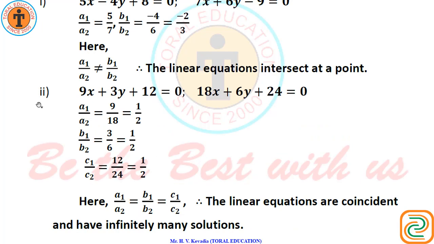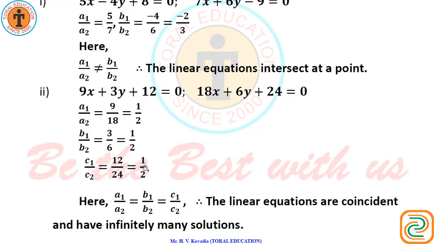Question number 2. 9x plus 3y plus 12 equals 0 and 18x plus 6y plus 24 equals 0. So here a1/a2 is 9/18, which means 1/2. b1/b2 is 3/6, that is 1/2. And c1/c2 is 12/24, that is 1/2.